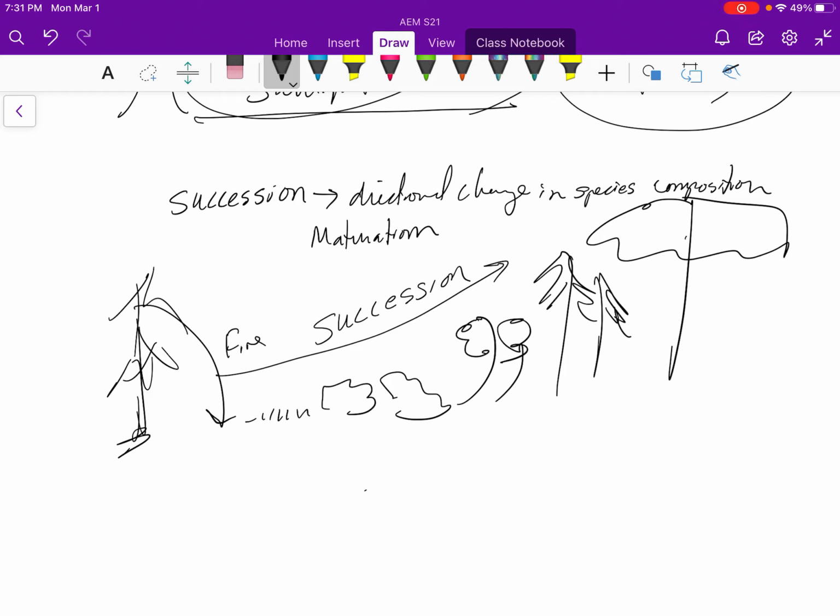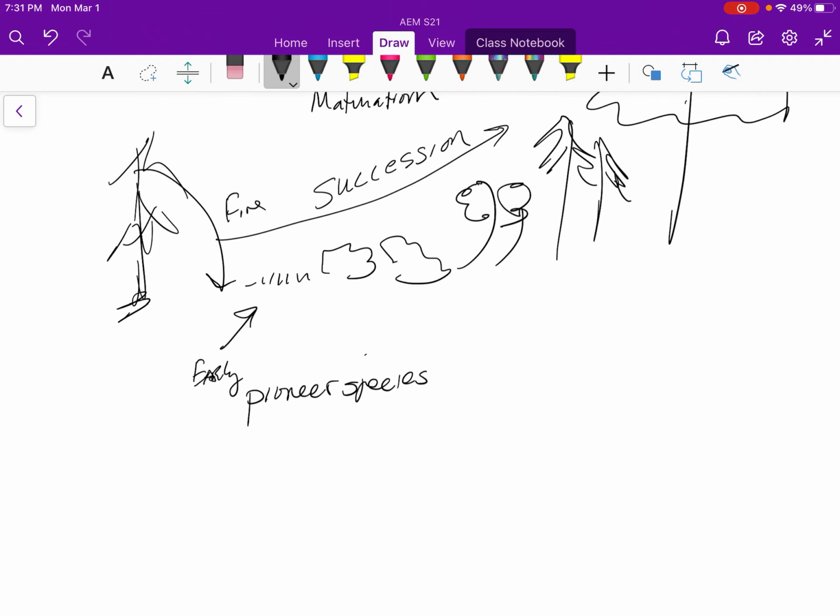So one of the things that we see is that the species that are early species, we often call pioneers. And pioneer species share some characteristics. They often have good dispersal, like fireweed, or wind blown, like a dandelion. They often grow fast because they're taking advantage of an opportunity.